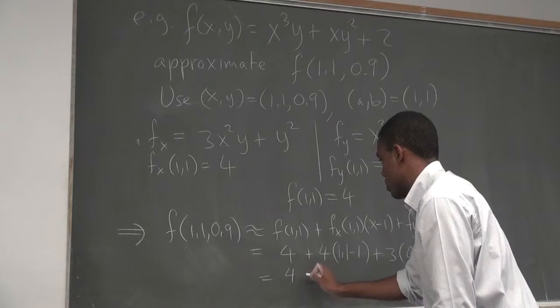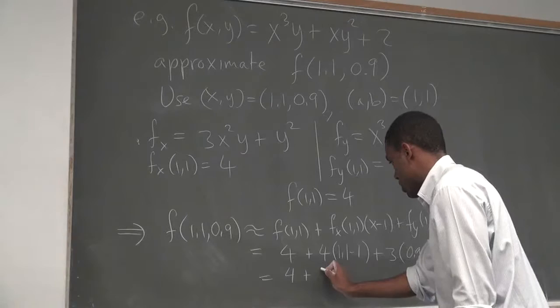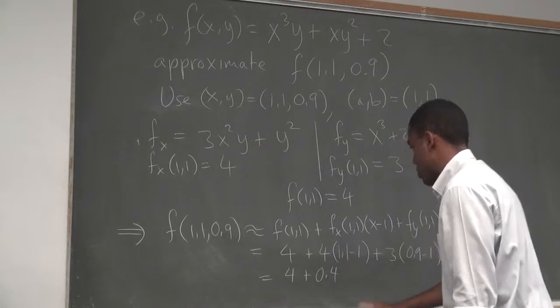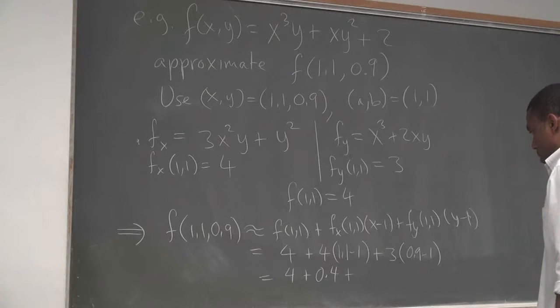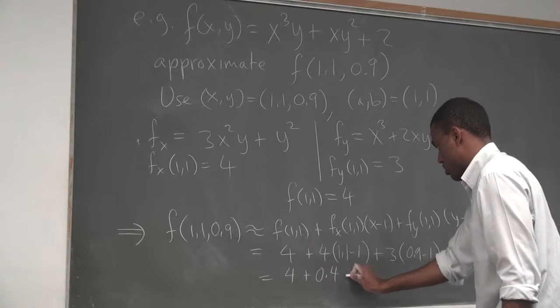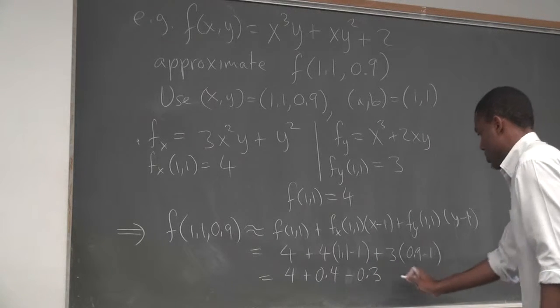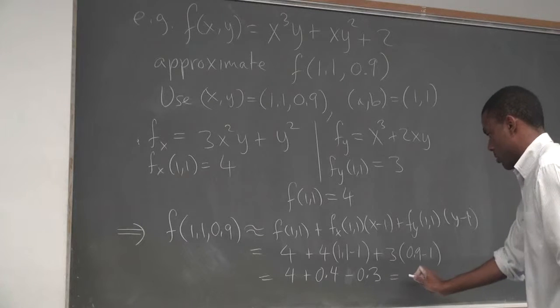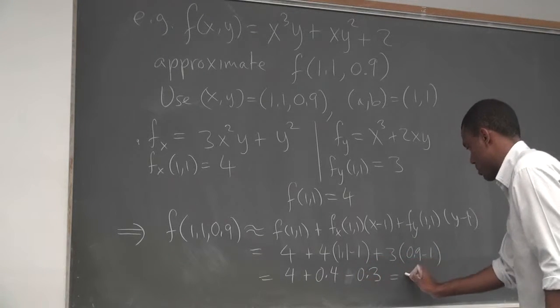This is 4 plus, 1.1 minus 1 is 0.1, so that's 0.4, plus 0.9 minus 1 is minus 0.1, so it's minus 0.3. So that would give you what? 3.9? 4.1. Yes, plus minus. So it's 4.1.